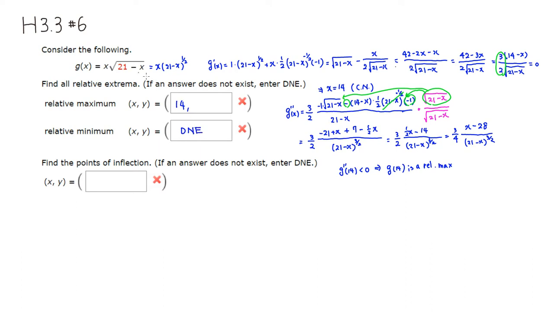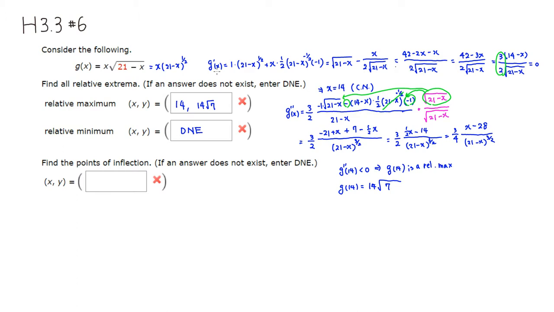If you plug in 14, g of 14 is 14 times the square root of 21 minus 14, which is 7. So it's 14 square root of 7.